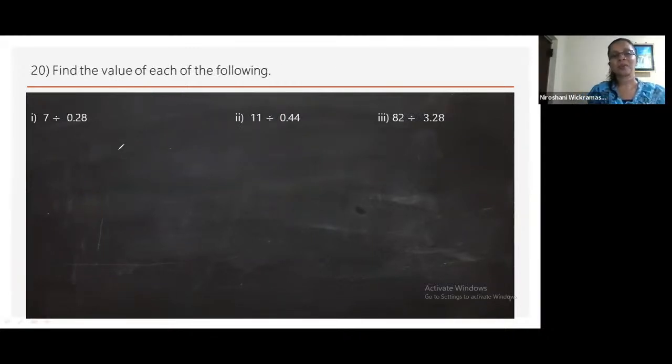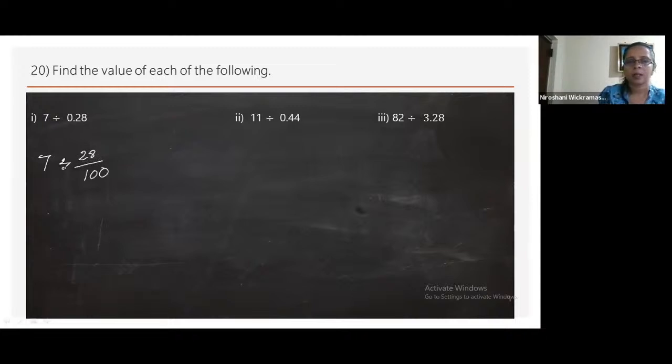Now you have to follow the division method. I know that it is difficult for you to do like this. 7 divided by 0.28, you can write it as 28 over 100, right?